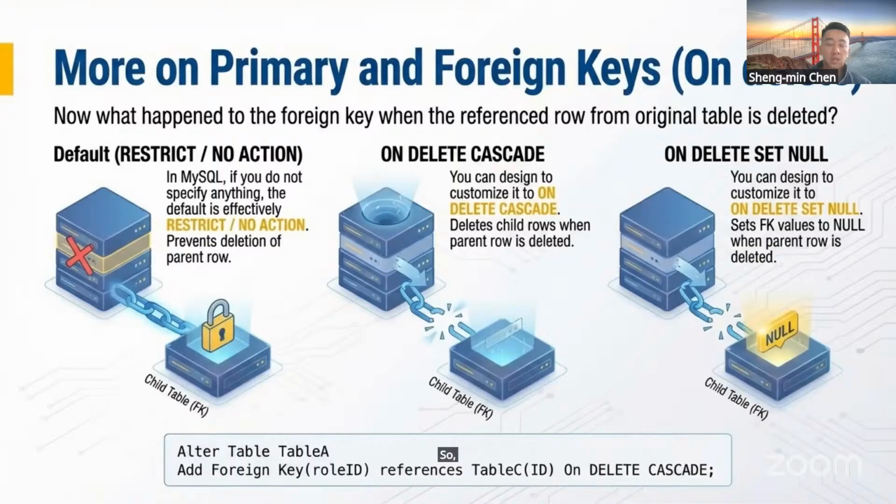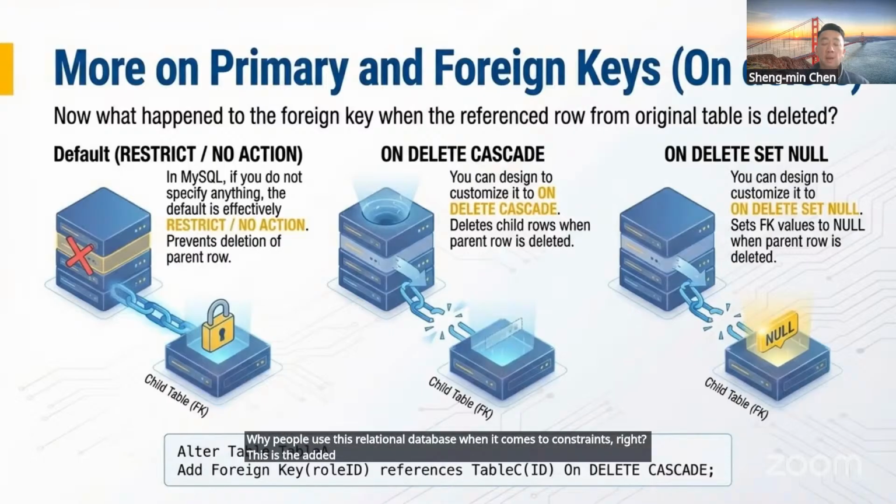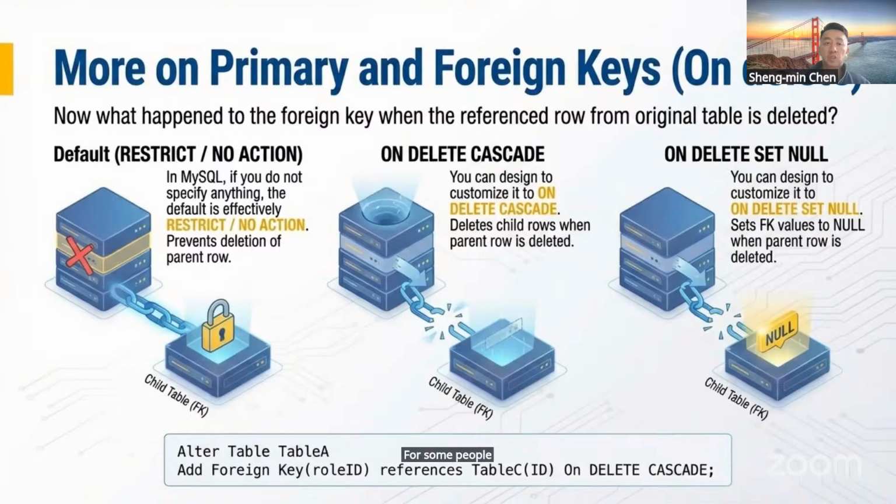So if you don't do anything, the relational database, following its strict rules on referential integrity, would not allow you. And that's maybe why people use relational databases when it comes to constraints, right? This is the added bonus for some people, and then people would choose to just stay put and leave it like that.